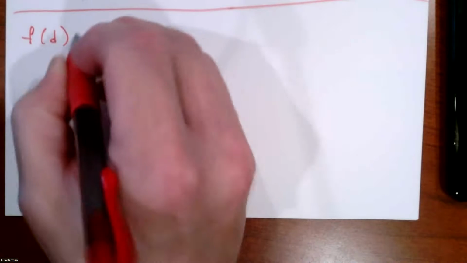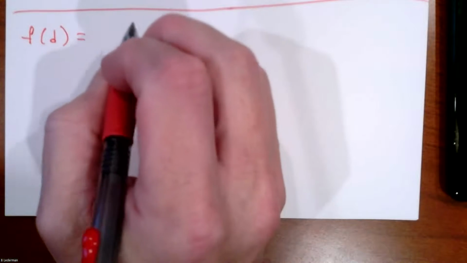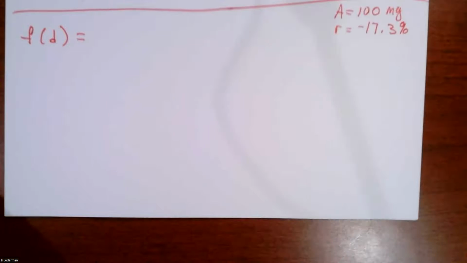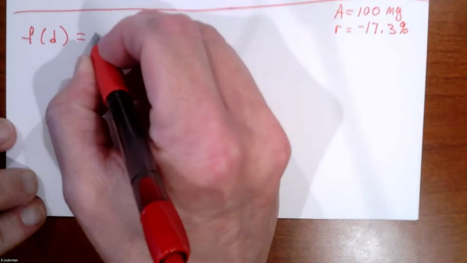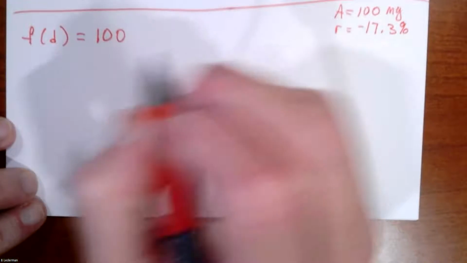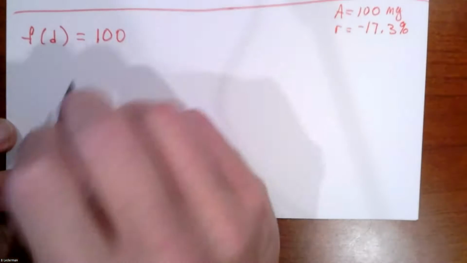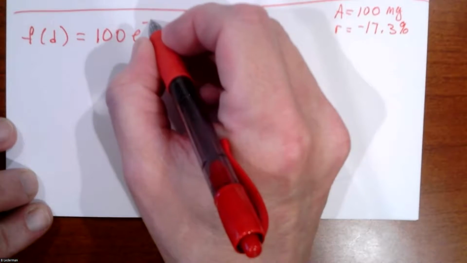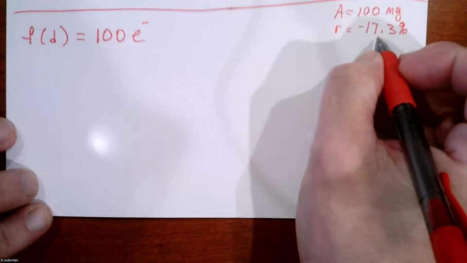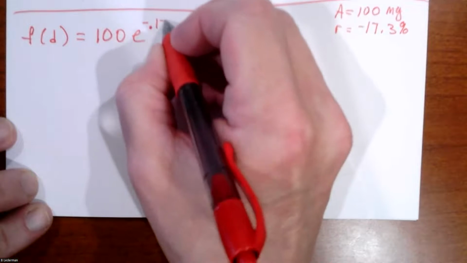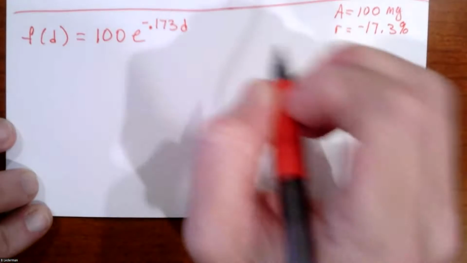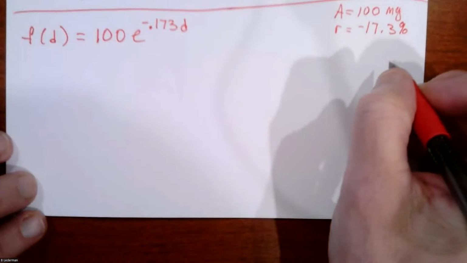So f of d is equal to 100, in this case, times e to the negative, now I have to write this as a decimal, 0.173 d. Now, we want to know how much it's going to be after 3 days.